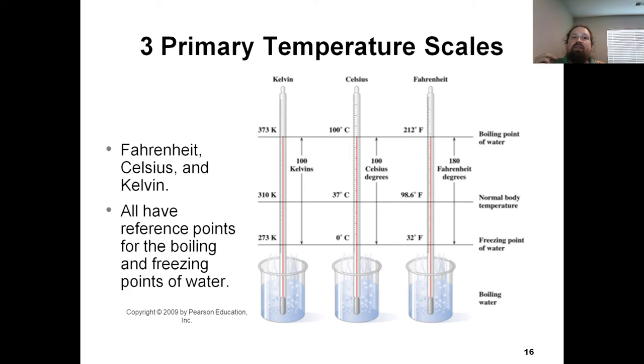Which means that Kelvin and Celsius can sometimes just be completely interchangeable because their units are the same size. Fahrenheit is the real odd man out here because its units are a different size. It is 180 degrees separation between freezing and boiling. So it's the one that's the most incompatible with a lot of the formulas in this class.